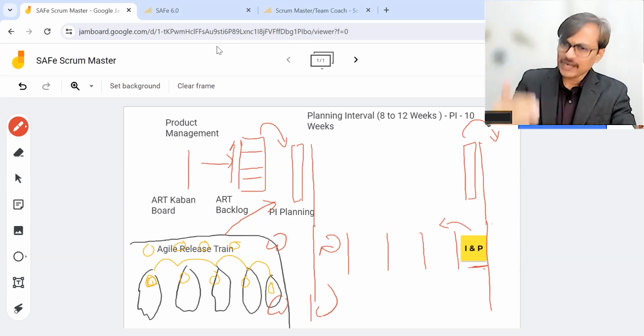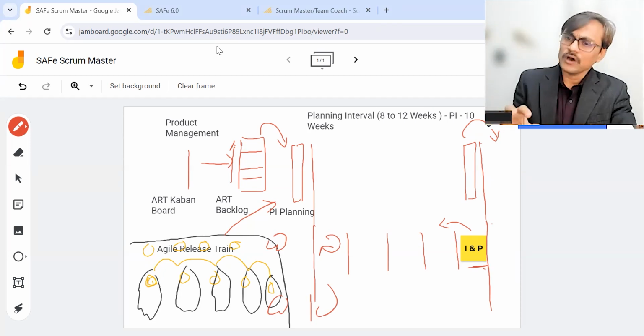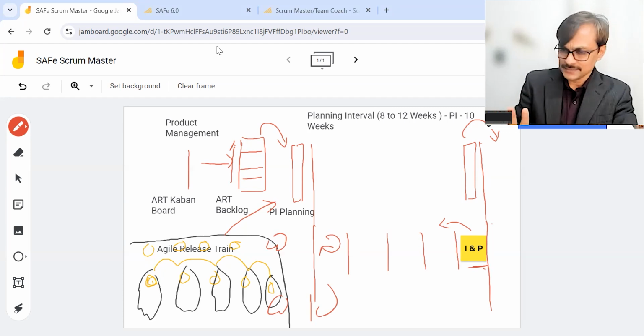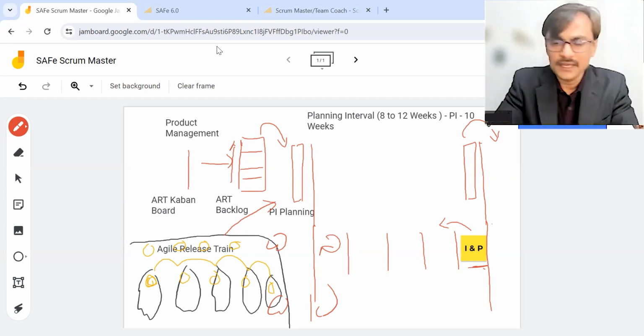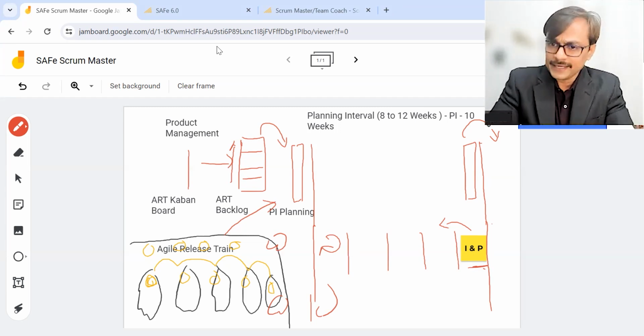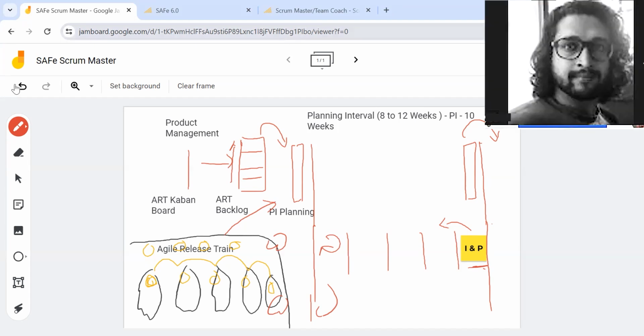By default, if we get started or look at their content, the explanation is always with 2 weeks. I have seen many SAFe organizations running 3-week iterations as well, depending upon their context and how it operates for them.